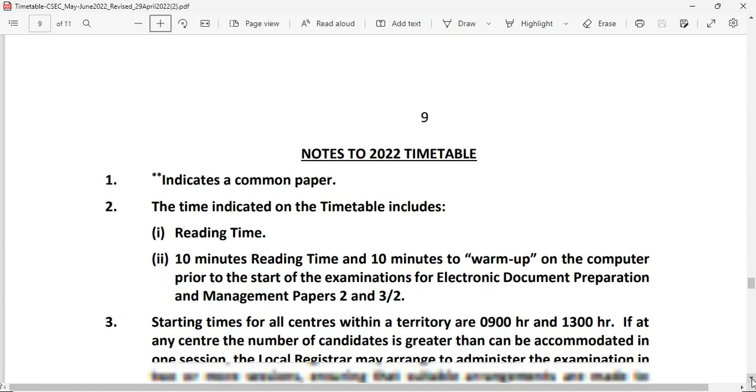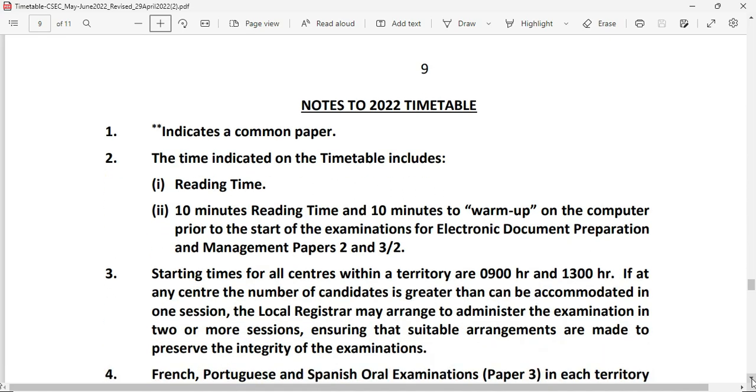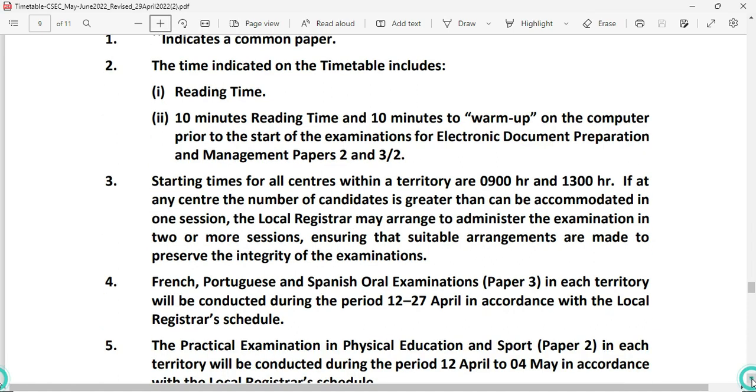That brings us to the notes, and this provides information for the exam. So if persons need further clarity, it is very important that they read this section.